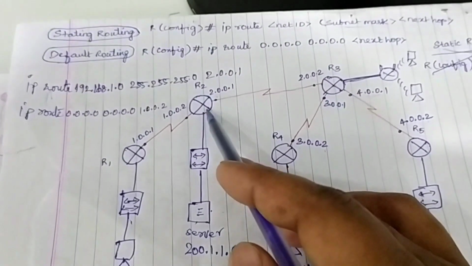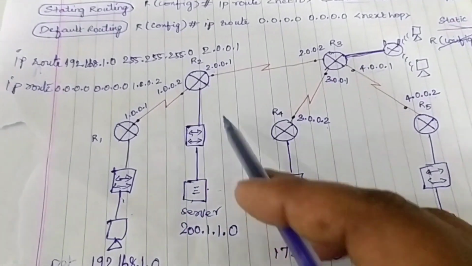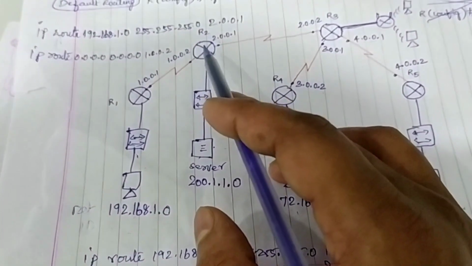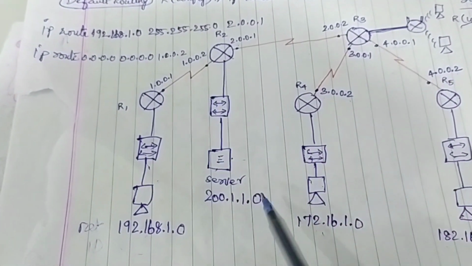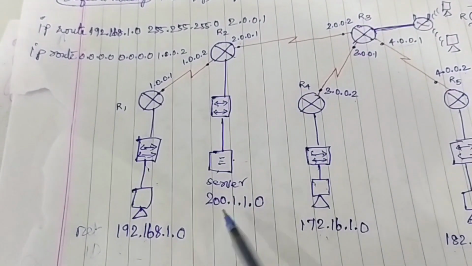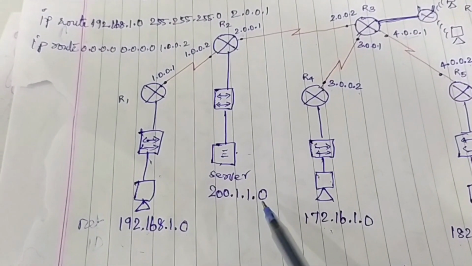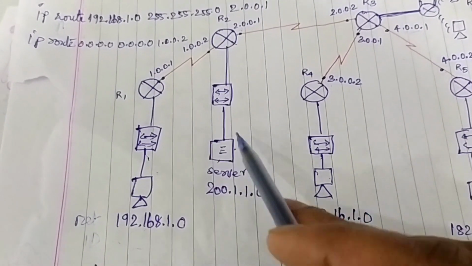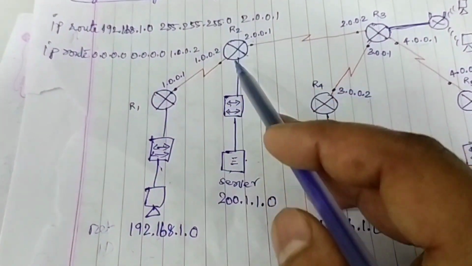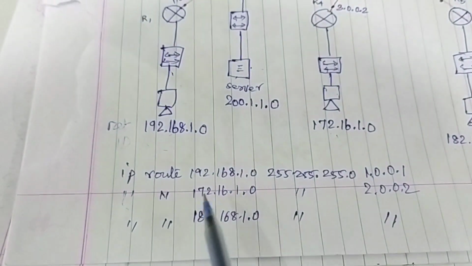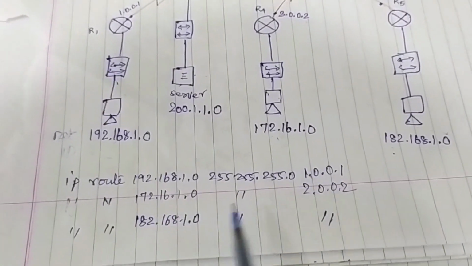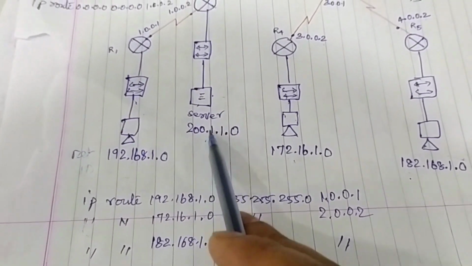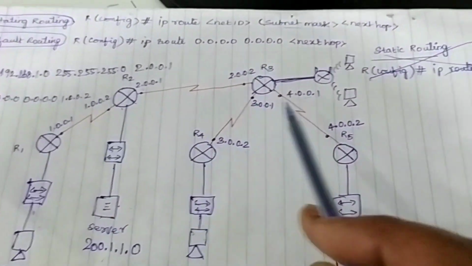Why we have not done it for R2: when you are doing static routing on R2, you are not giving a static route for 200.1.1.0, correct? Because this network is connected directly with R2. That's why in the commands we have given only 192, 172 and 182, not 200, because 200 is directly connected with R2.